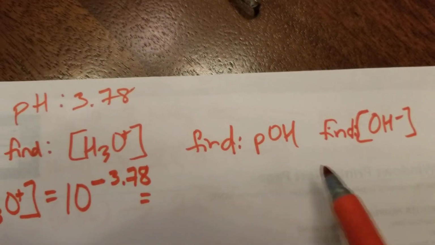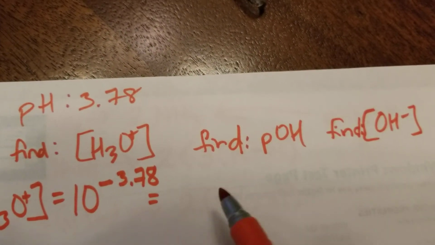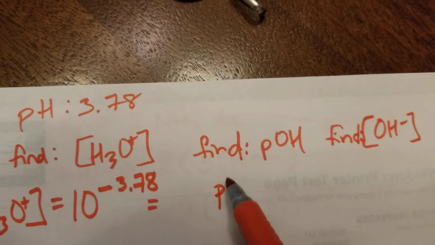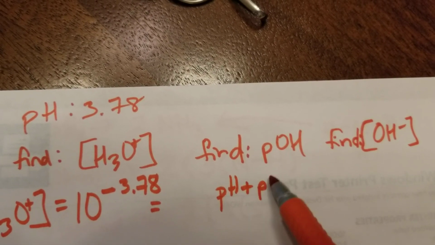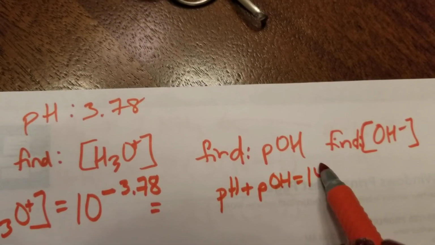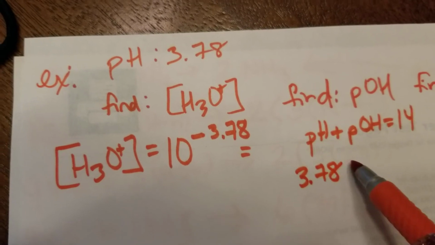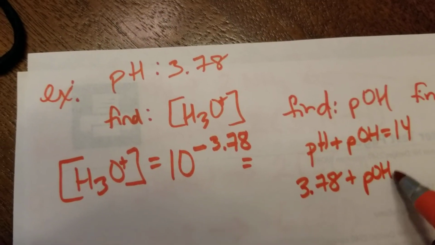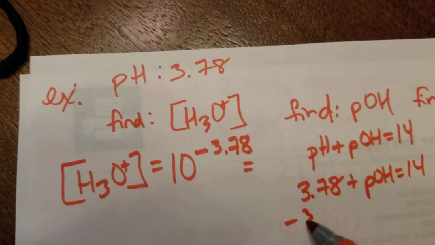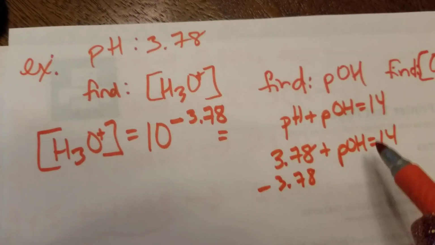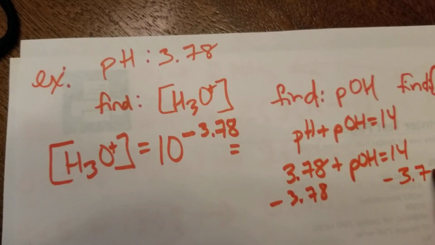Okay, find the pOH. Well, we know that if you take the pH and add the pOH, you're supposed to get 14, right? You know the pH: 3.78 plus pOH equals 14. Subtract 3.78 from both sides.